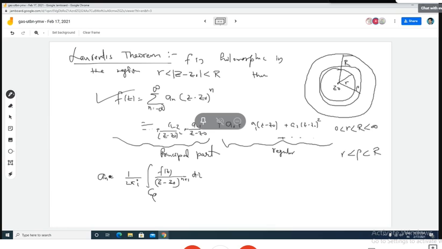So the coefficients a_n is equal to 1/(2 pi i) times the integral of f(z) upon (z minus z0) to the power n plus 1 dz.